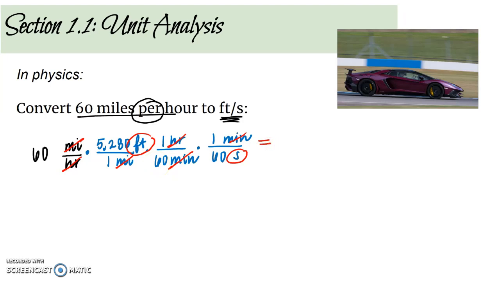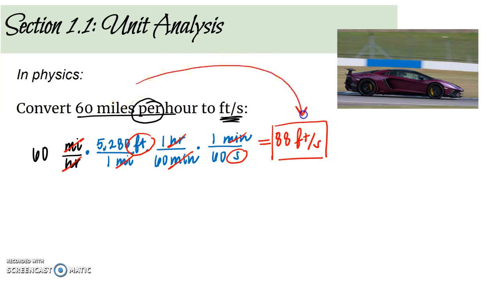If I multiply 60 by 5,280, I get a big number, 316,800, and then I divide that by 60 times 60, and I end up with the value of 88. So my final units are 88 feet per second. So 60 miles an hour is the same thing as 88 feet per second. They're just different units. And that's how you do your unit analysis work.